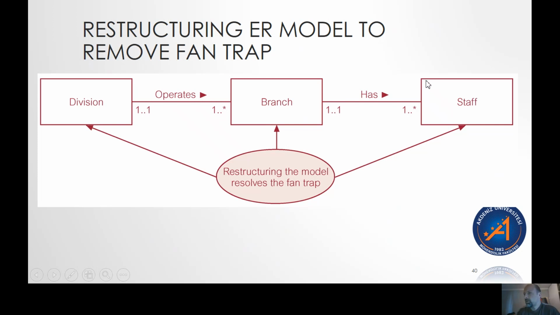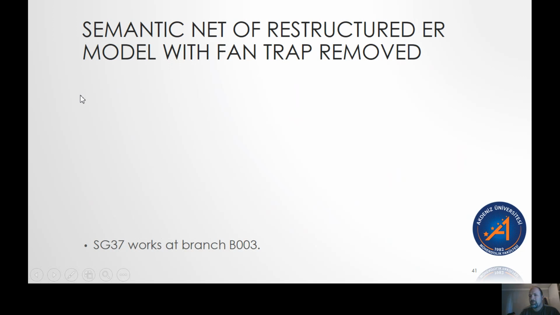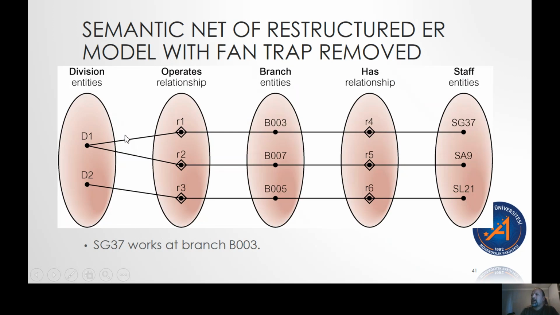Now, you may think, well, we lost that relationship between division and staff. We don't know what staff's in what division, but we actually still do. Because if we look at the semantic net, now we have a division that operates branches and branches have staff. Right?